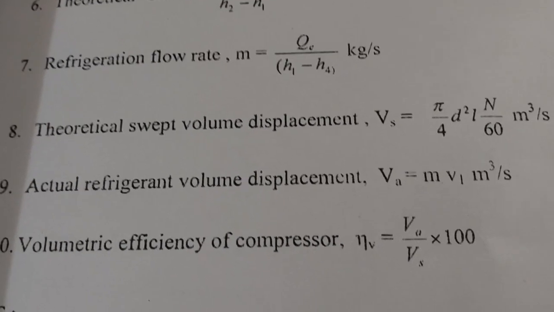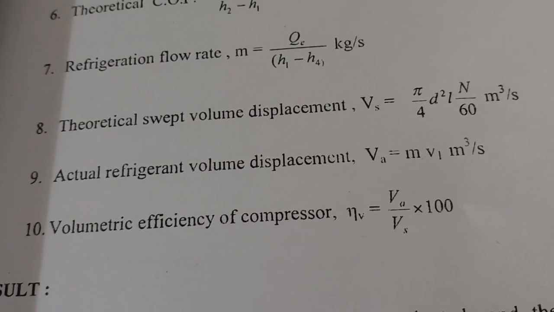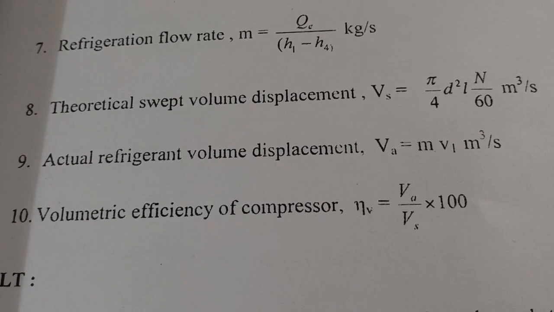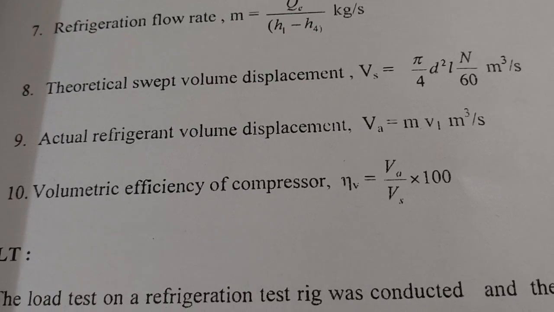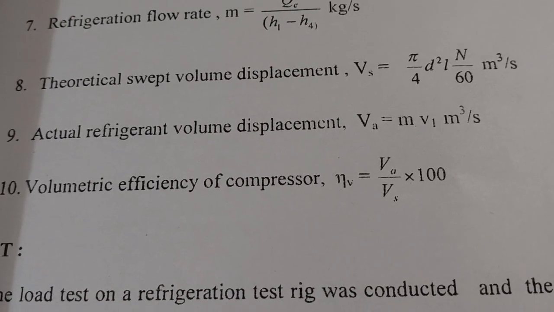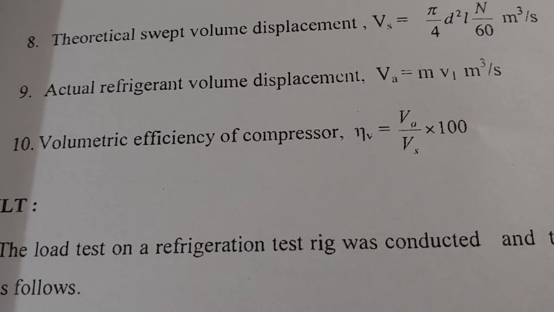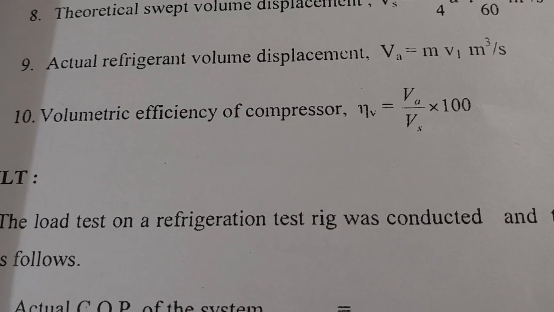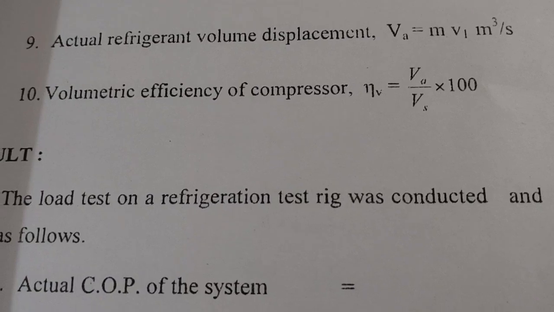Next, the theoretical swept volume displacement Vs can be calculated by pi by 4 d square into L into N by 60. Then the actual refrigerant volume displacement Va equals M into V1. Finally, the volumetric efficiency of the compressor can be calculated by Va divided by Vs into 100.